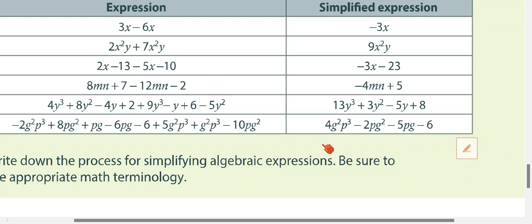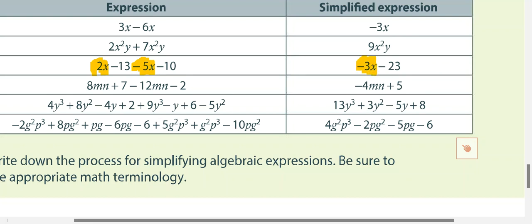But only like terms can interact with each other. So if you go to the third top one, the reason it's negative 3x and negative 23 is because you take the 2x and then you take away 5, you get negative 3x.